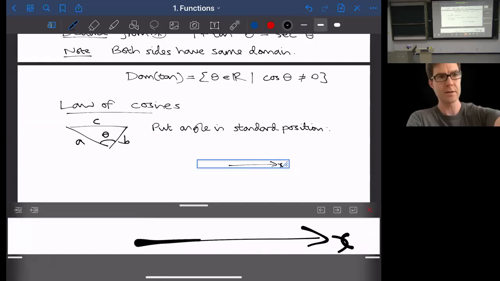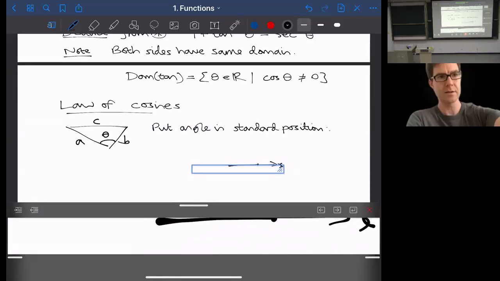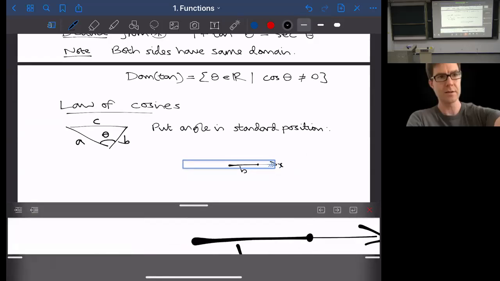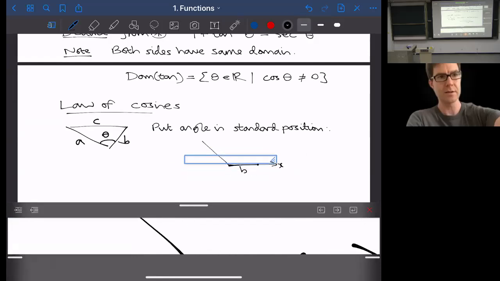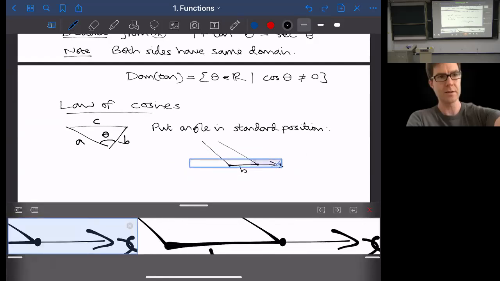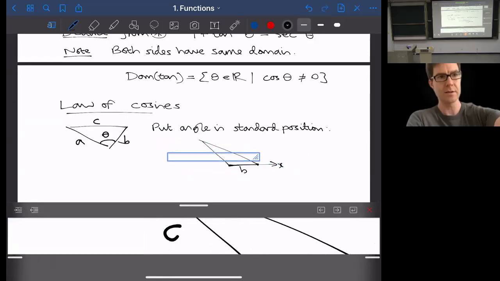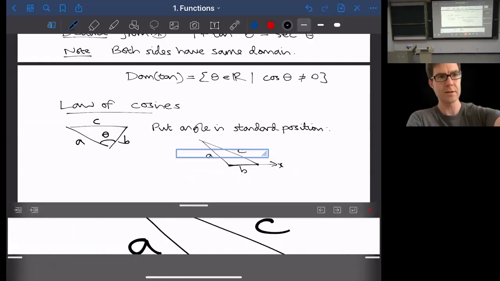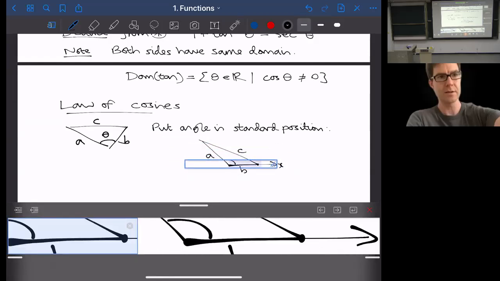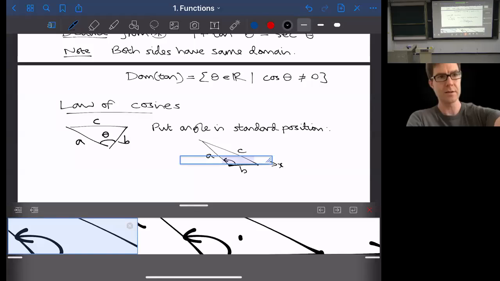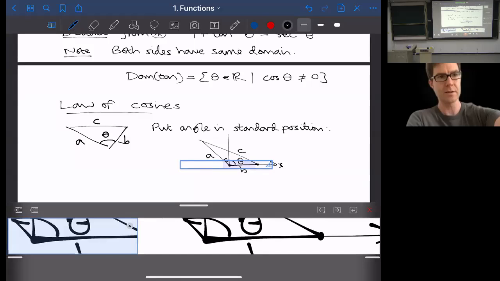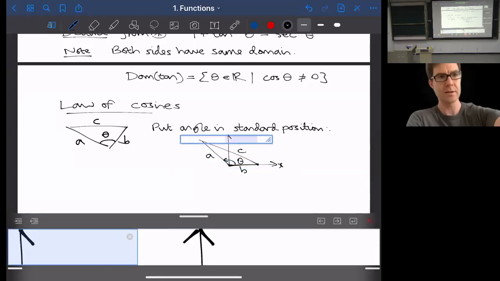And then this is the side of length B. This side of length A, and this side of length C. And the angle in standard position is like this. So this is the y-axis.